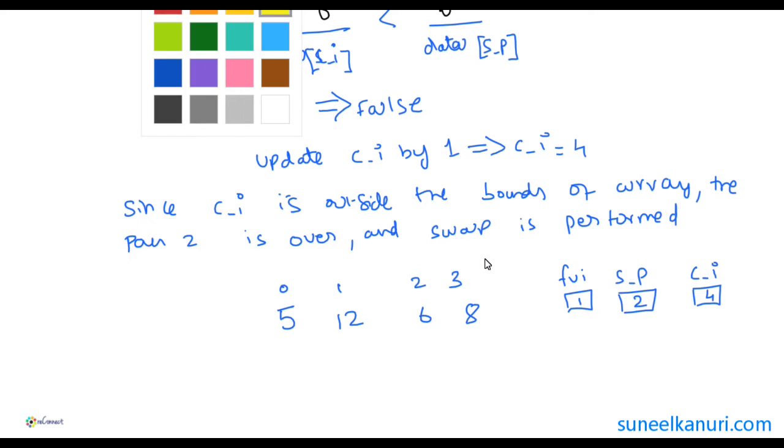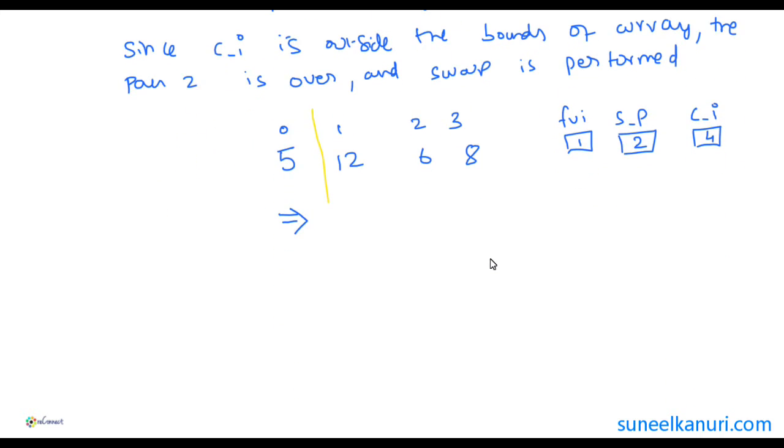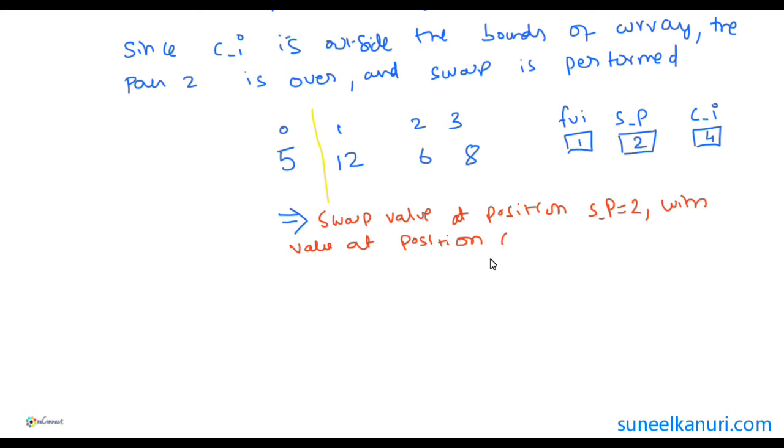And let me quickly mark our sorted part. Everything to the left of this yellow line is sorted, and so at this point we would be swapping value at position S_P, which is pointing to position 2, with value at position C_I, which is 4.